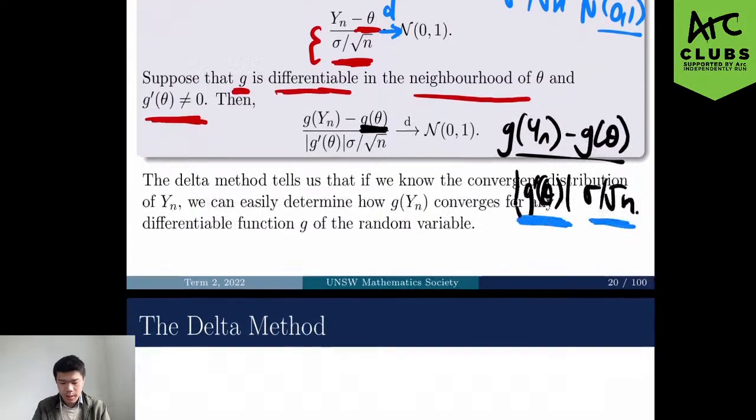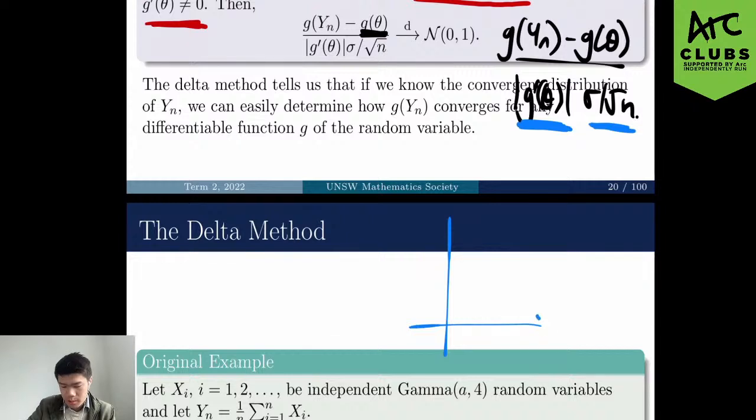That makes sense because if we plot y on the x-axis and g of y, and let's say g of y has a really big gradient, then if we have a small variance in y, and g prime of y is really big, that means that the variance of g is going to be a lot bigger.